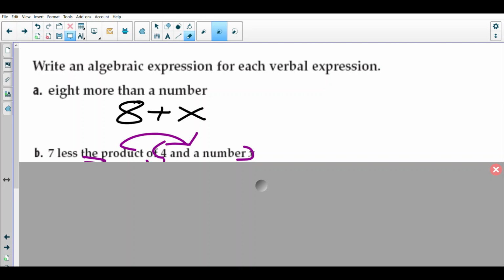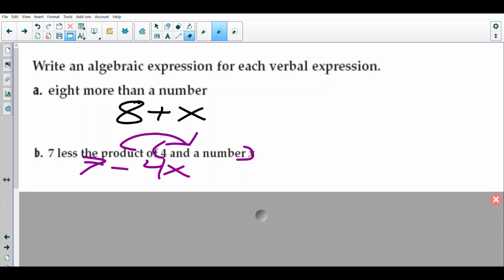So it doesn't say less than, it says less. 7 less. So it means 7 takes something away. And then it says product of. When you see product of, that means you're multiplying those things together. So 4 and a number x means 4 times x, and then 7 less that would mean 7 minus 4x.